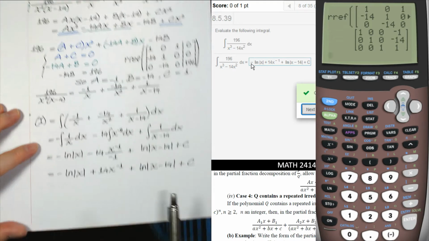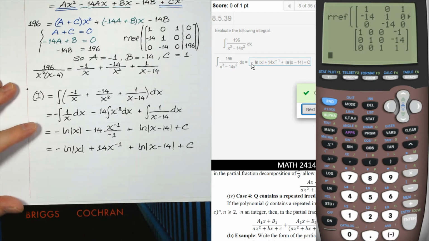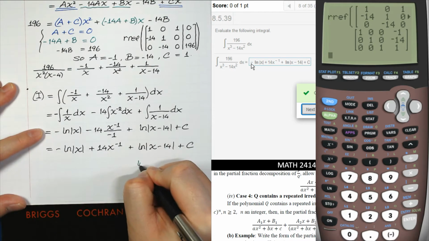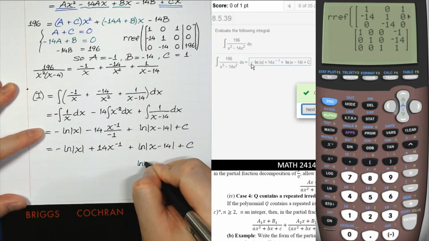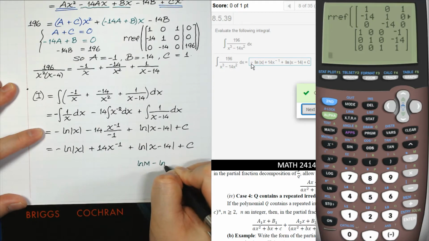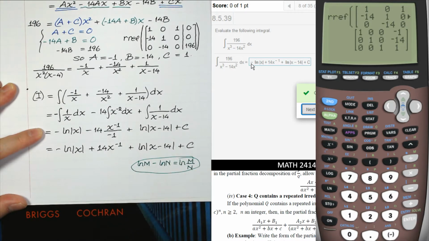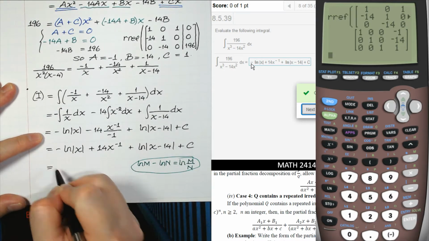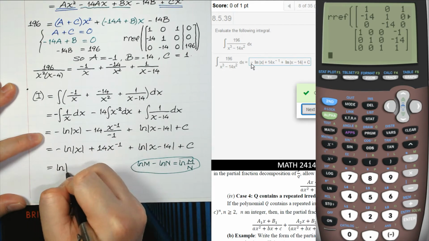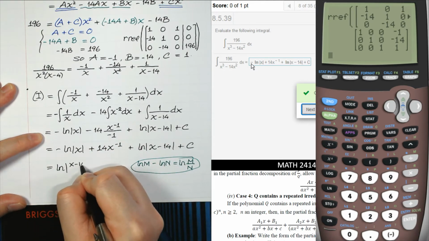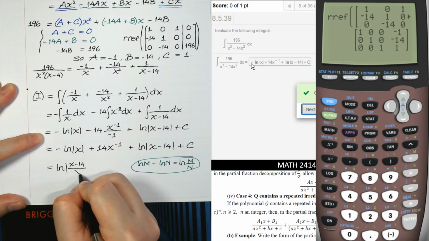By the way, if we want to, we can combine the logs. If we use that, we have ln of x -14 divided by x.